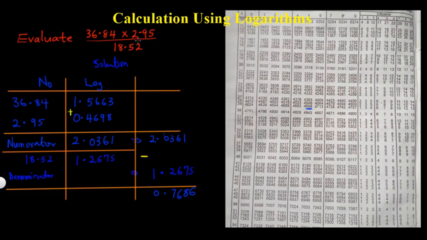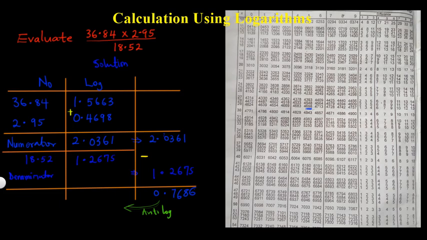Since there is no other number to work with now, the next thing for us is to find the antilog of this number. The antilog table always starts from point something. So we are looking at antilog of 0.76 under 8, difference 6. Let me bring in my antilog table.